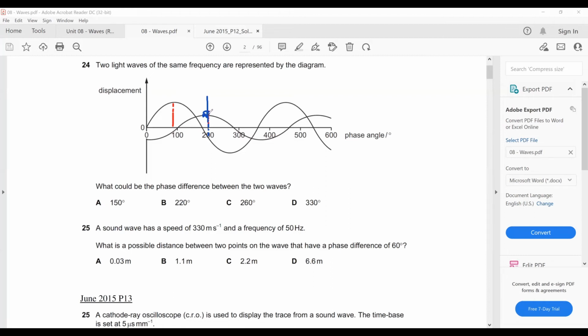If it was exactly at 200, then to find the phase difference I could have said it's 200 minus 90, giving you 110. And then the other phase difference here will be 250 degrees. But you see, none of the answer choices are here. So I actually picked the wrong point.